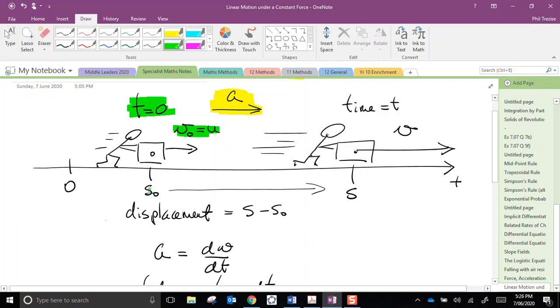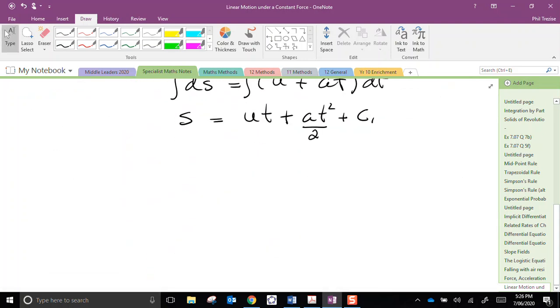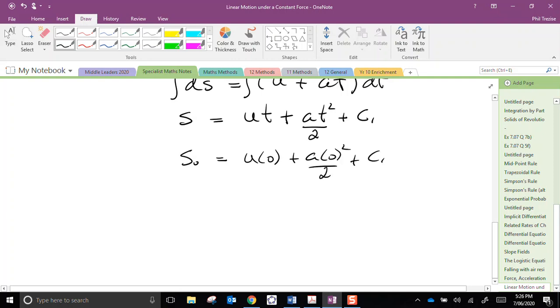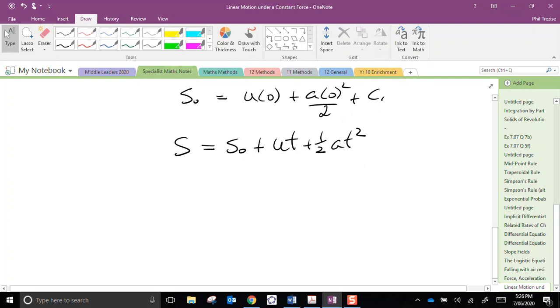The initial conditions were that when t equals 0, the position was S0 on the number line. So if I replace this with S0, I have u multiplied by 0 plus a by 0 squared over 2 plus c1, obviously c1 equals S0. So then I have s equals S0 plus ut plus 1/2 at squared.